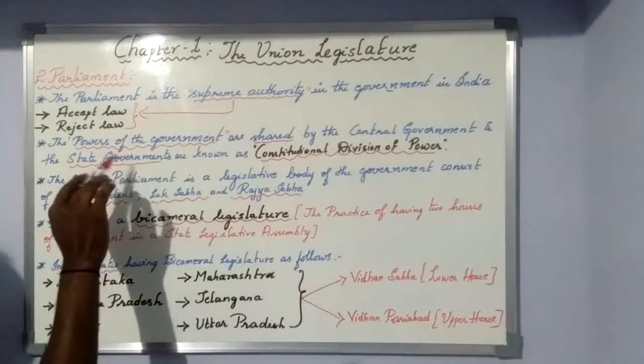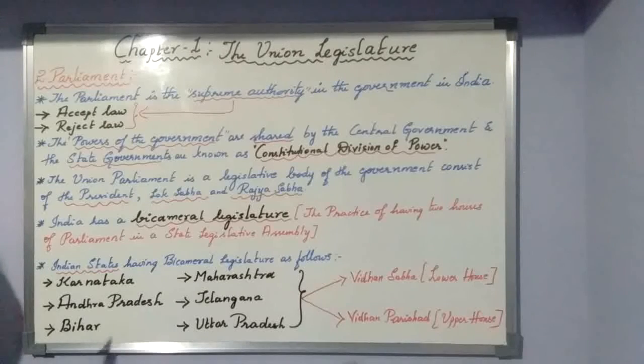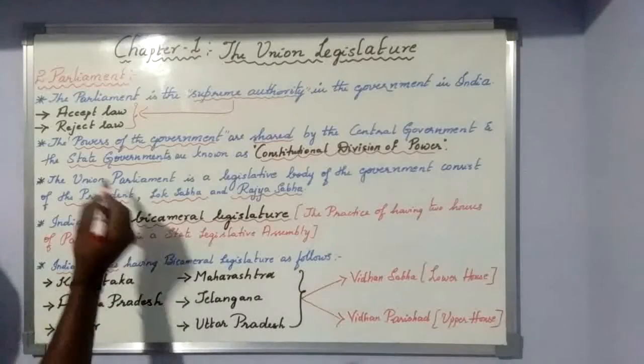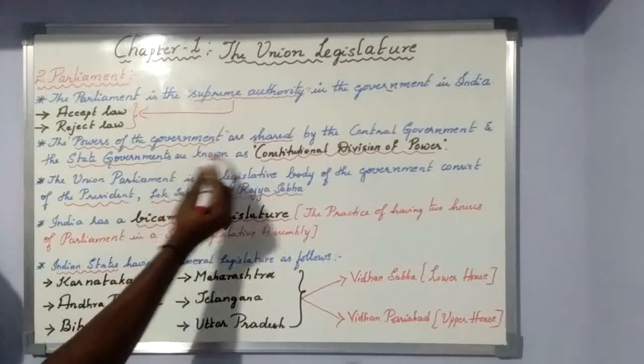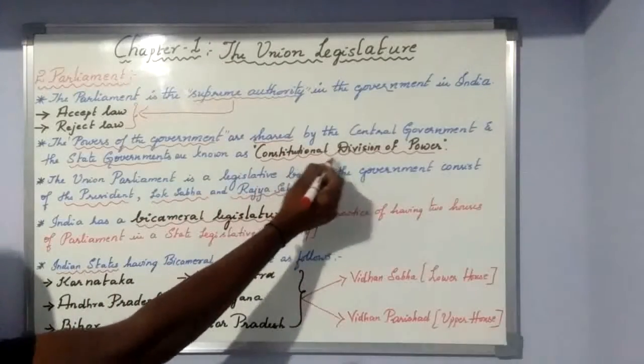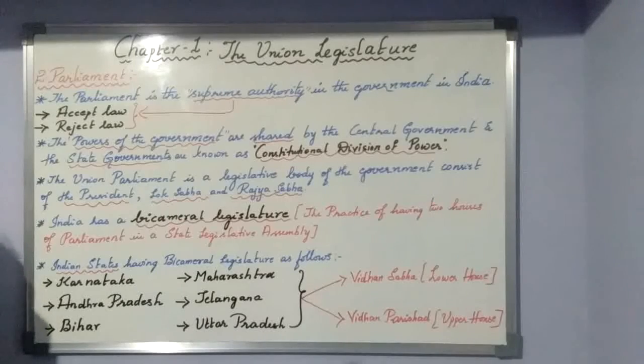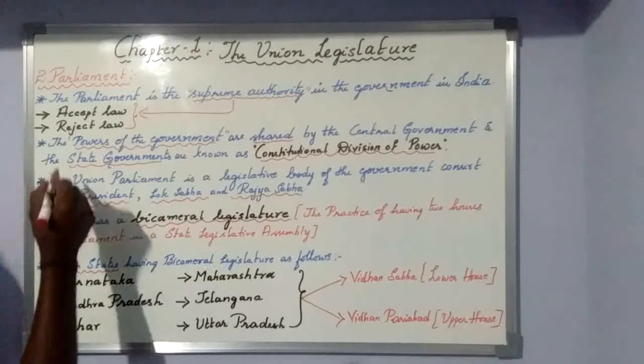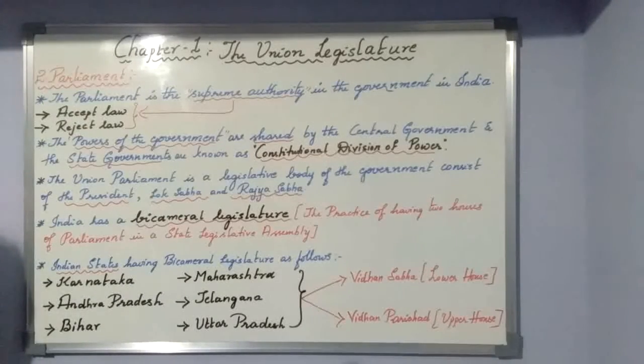Since we have a federal government in India, the powers are divided between the central government as well as the state governments. That is the reason the powers of a government shared by the central government and the state government is known as constitutional division of power. That is the next thing we have.